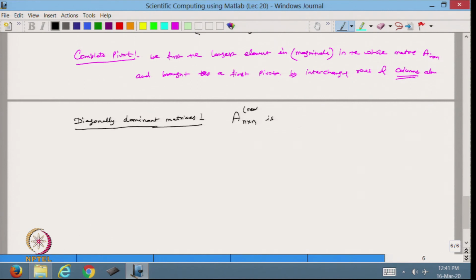A matrix is called a diagonal dominant matrix if the modulus of Aii is greater than or equal to the summation of modulus of Aij when j is not equal to i, and this is true for i from 1 to n.